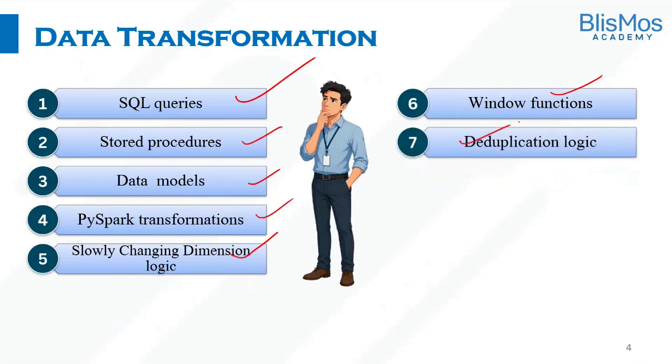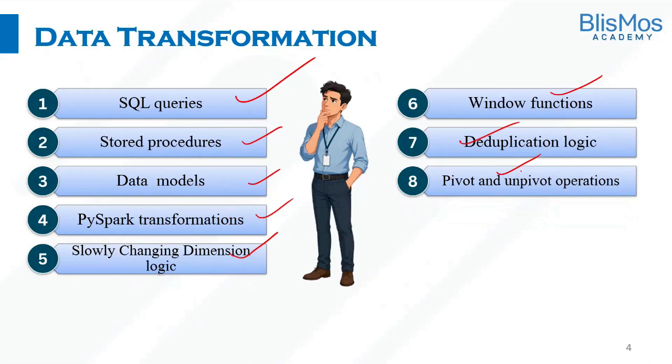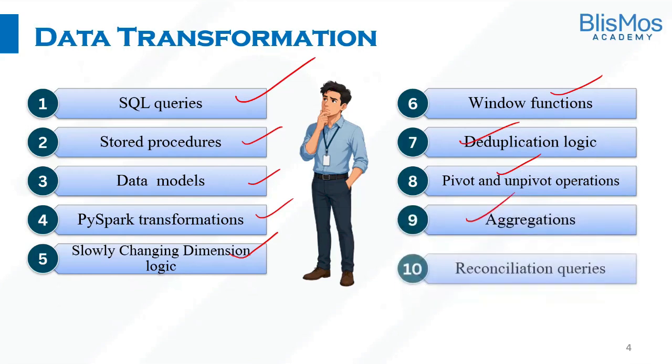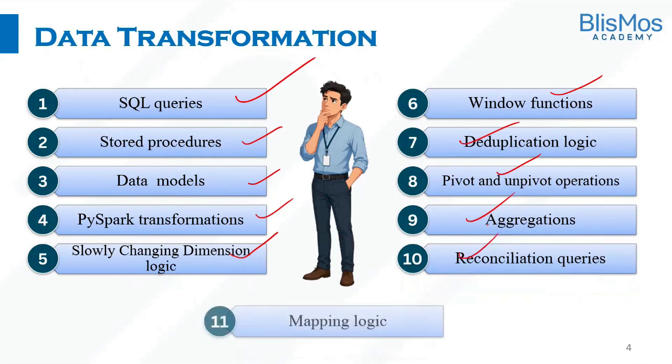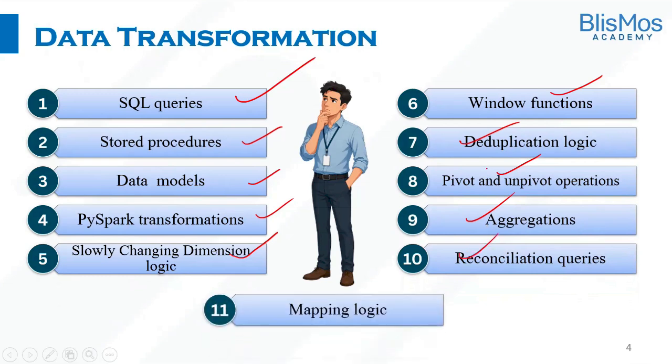Creating the deduplication logic, pivoting and unpivoting operations, performing the aggregations, reconciliation of the queries, and creating the mapping logic in the transformation. So these are the important activities which I can list as a part of the data transformation. Let us look at one by one how AI can help in these activities.